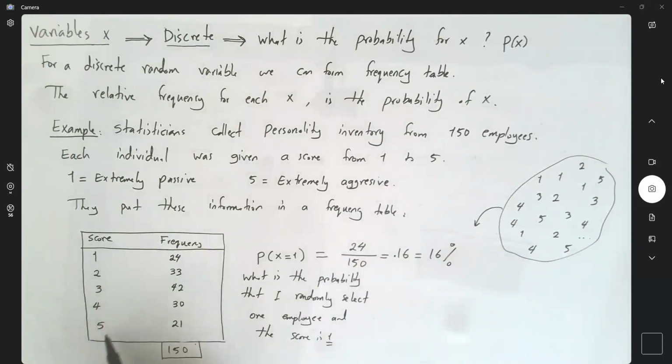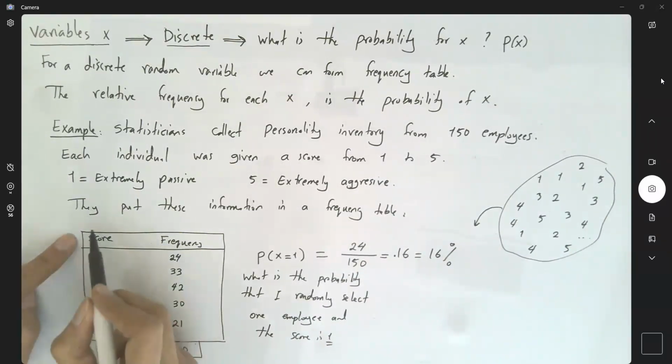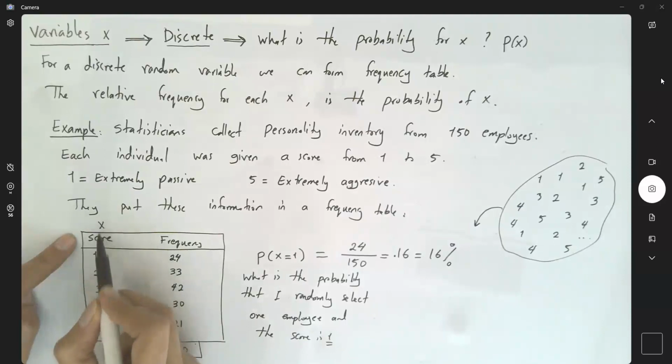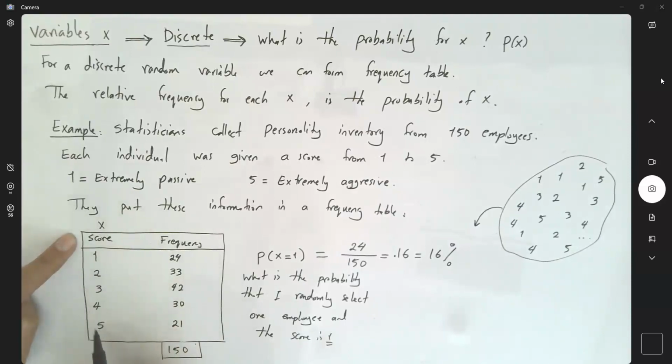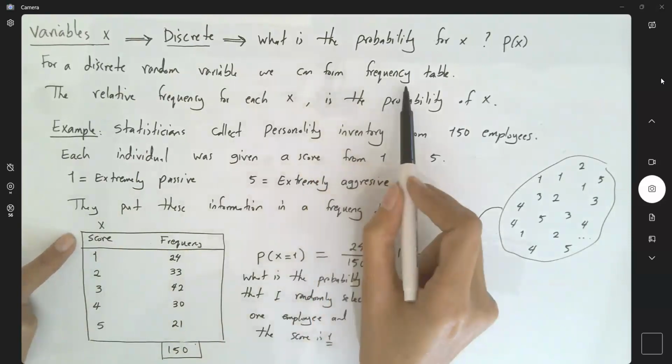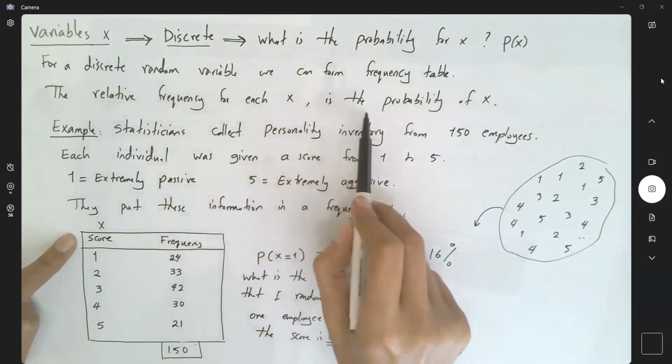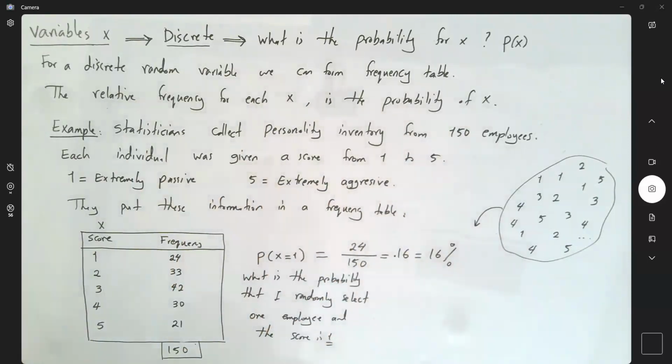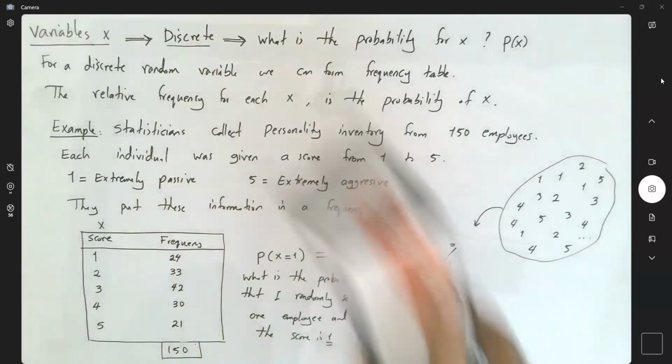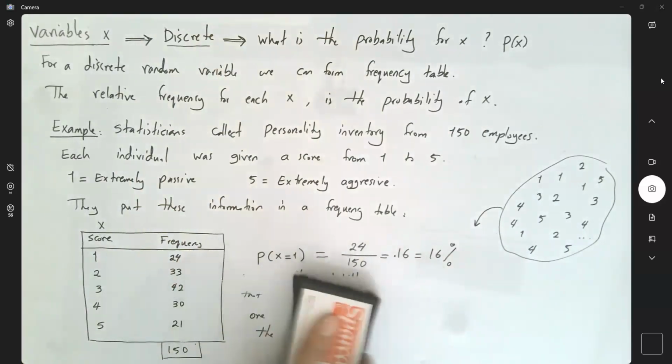So that's how we find the probability of each one of these scores. Score as a random variable X is countable, it is discrete. When you have a discrete random variable, you can form a frequency table. The relative frequency for each X is the probability of X. So you can basically find the rest of these probabilities, not that difficult.